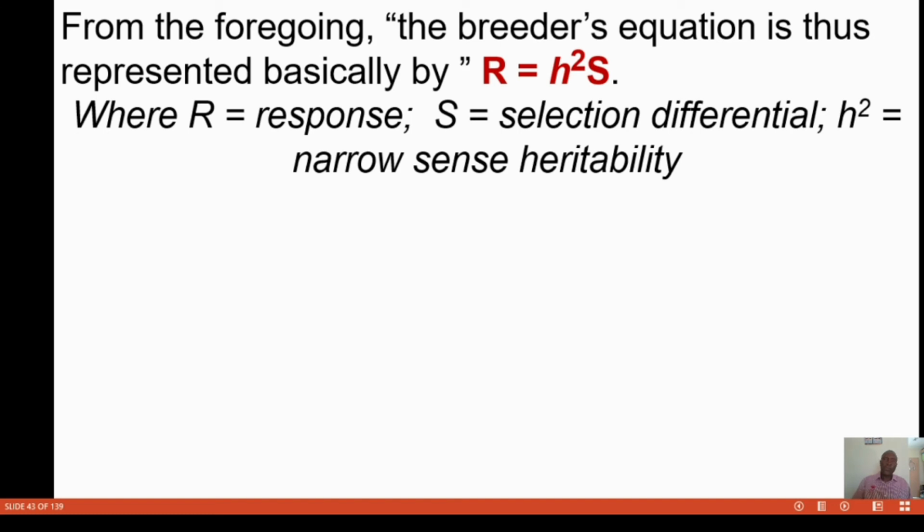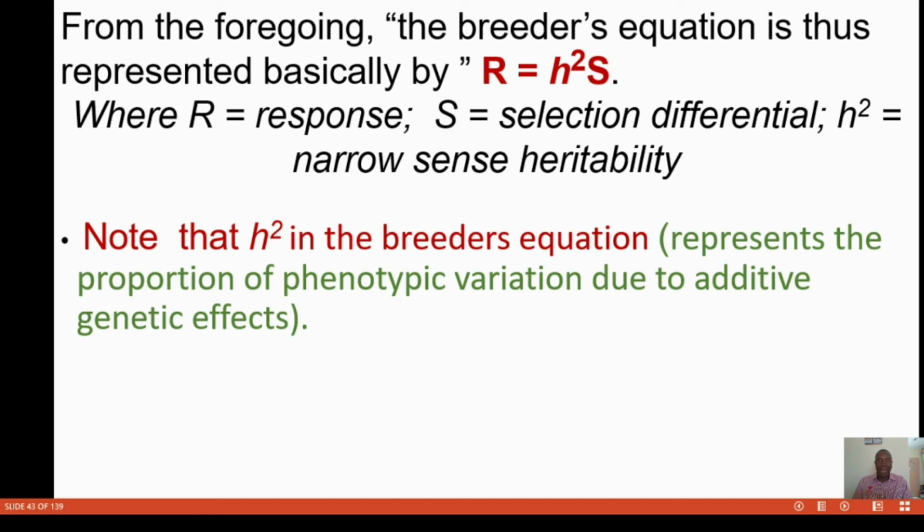So from the foregoing, the message for us to pick is that the breeder equation is represented simply by R as the product of the narrow sense heritability times the selection differential. That's what it's about.